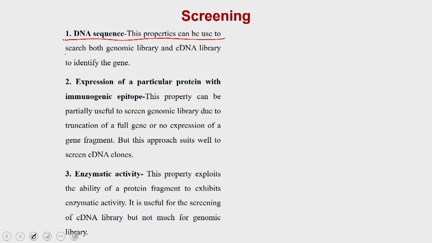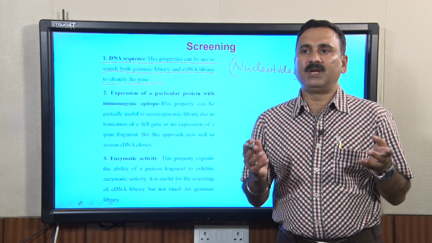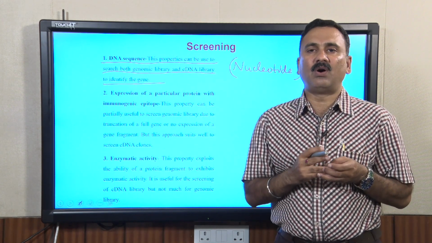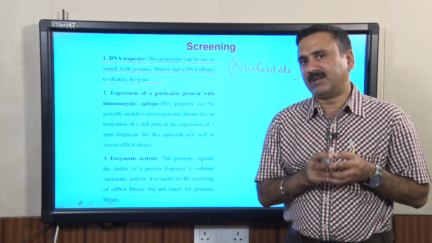DNA is a sequence made up of nucleotides, and the arrangement of nucleotides in a particular stretch of DNA is very specific, especially if you are talking about the nucleotide sequence of a small stretch of DNA. So, that is very specific.